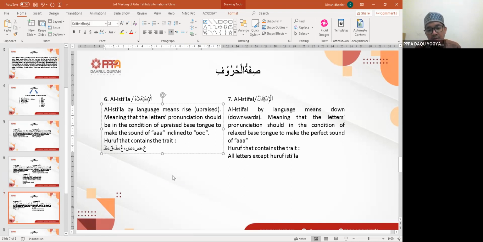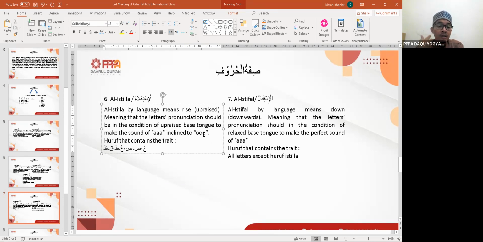Meaning that the letter's pronunciation should be in the condition of upraised base tongue, to make the sound of a inclined to o. It's not o, but it's o.